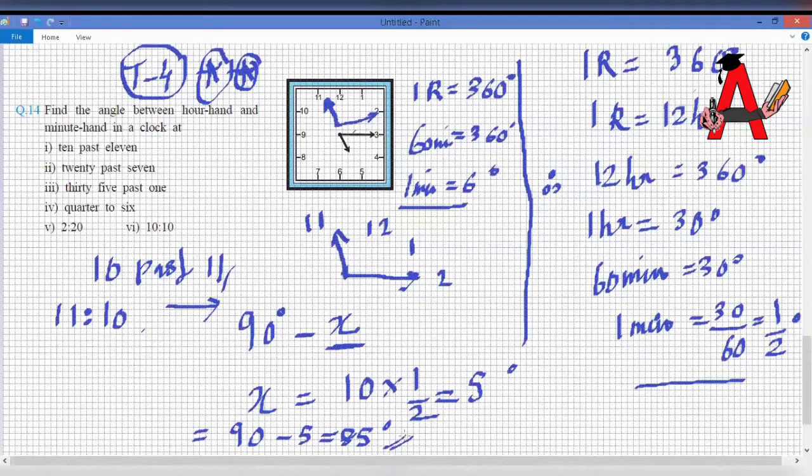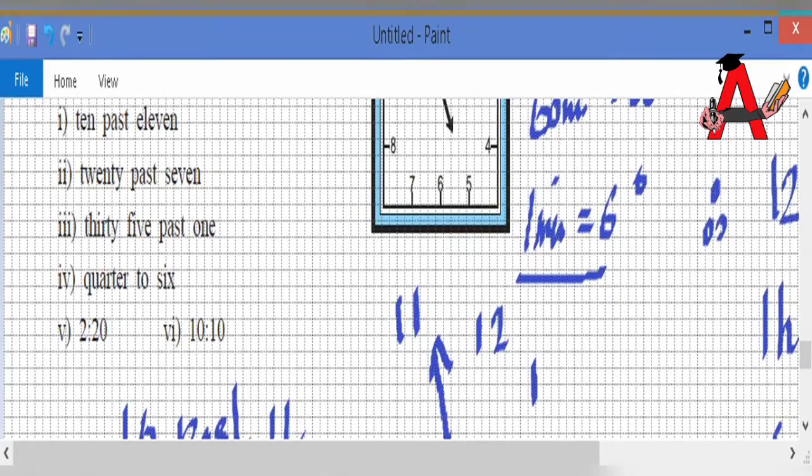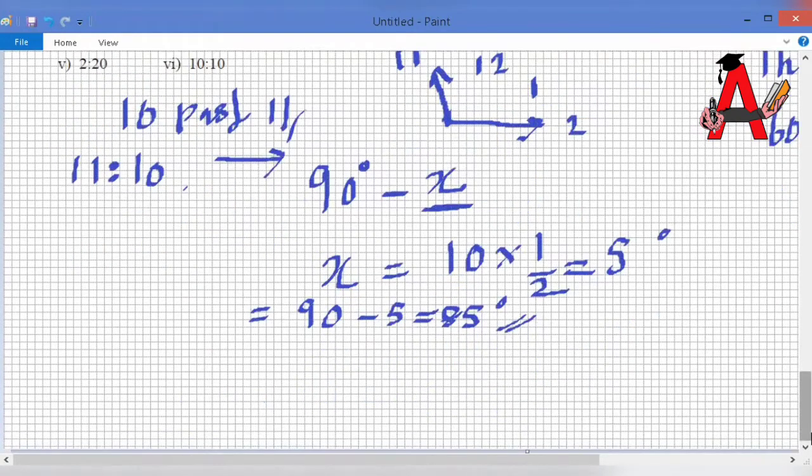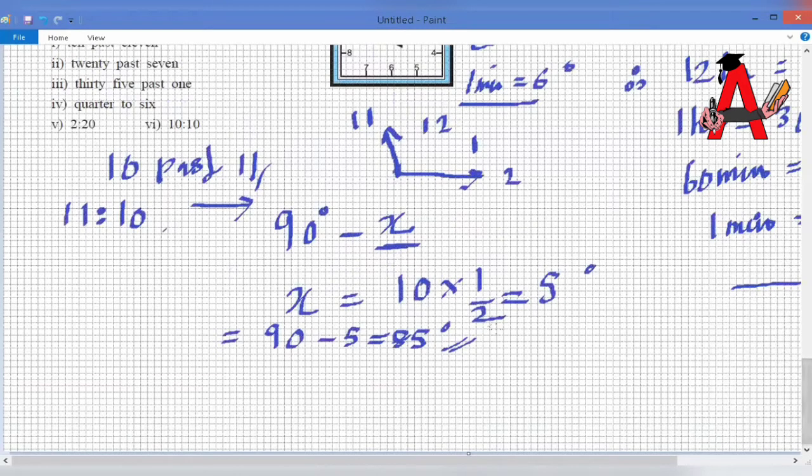Let's try and understand 20 past 7. In a similar fashion, I can try and explain you 20 past 11 as well. Now let's try and do 20 past 7. So 20 past 7 would be, suppose this is your 6, this is your 7, this is your 5, 4, 3, 2, 1, and 12, and then 8, 9, 10, and 11.